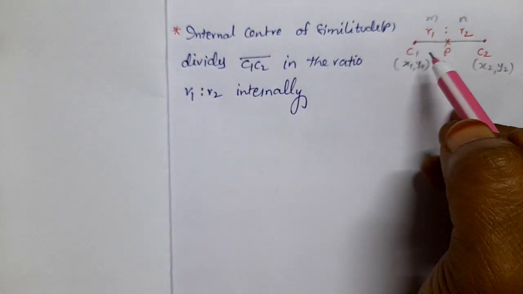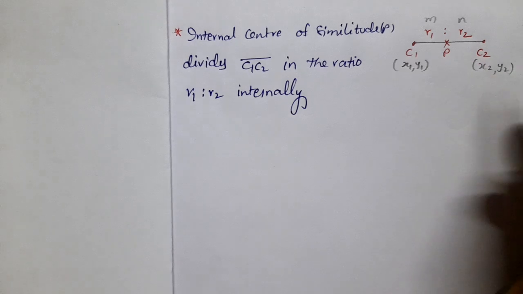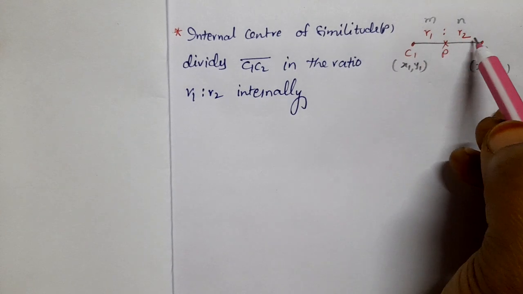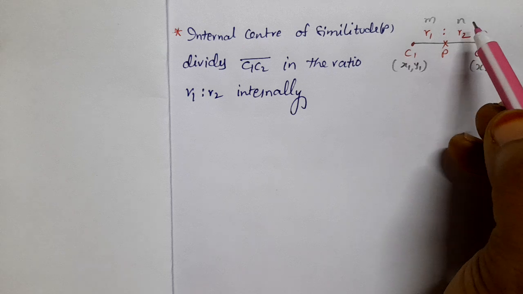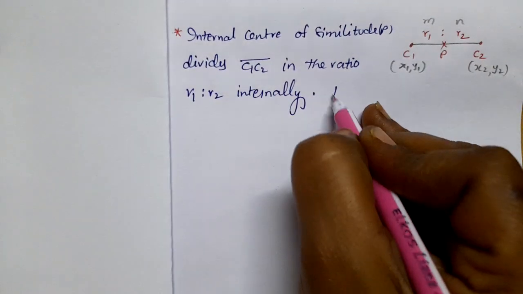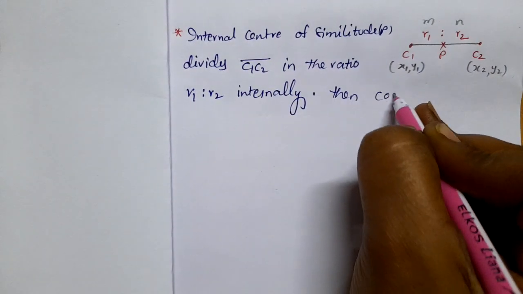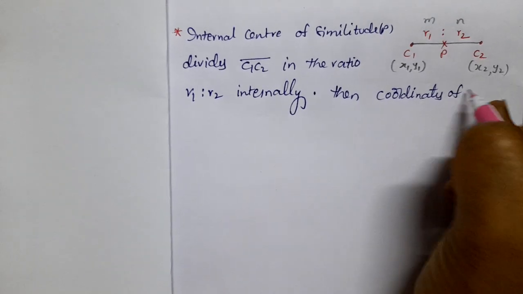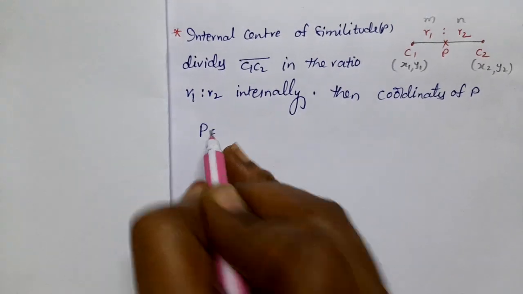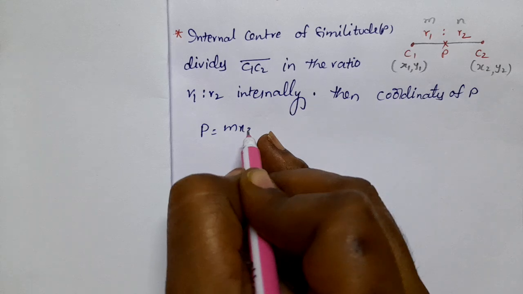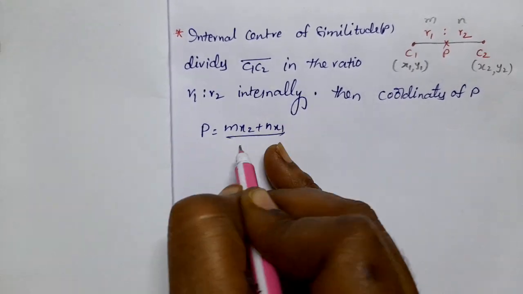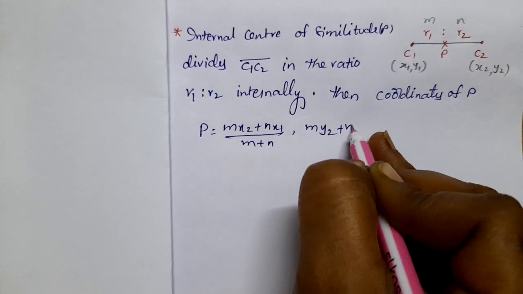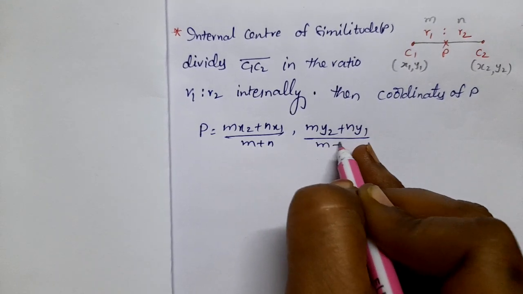If we take the first center as x1 y1, the second center as x2 y2 and this ratio as m and n, then the coordinates of P equal (m x2 plus n x1) by (m plus n), comma (m y2 plus n y1) by (m plus n).